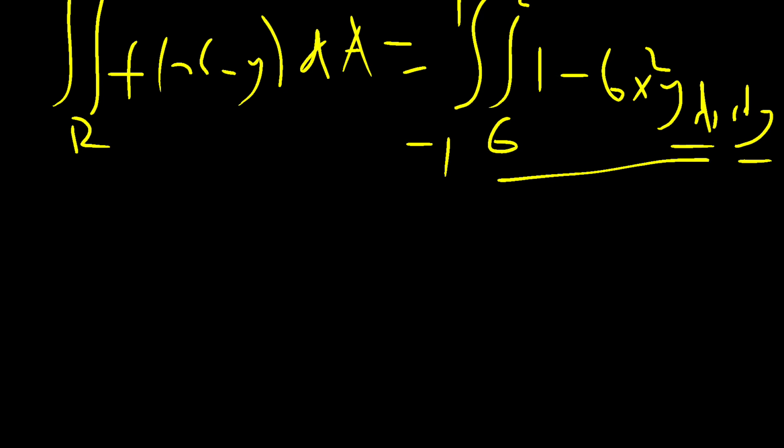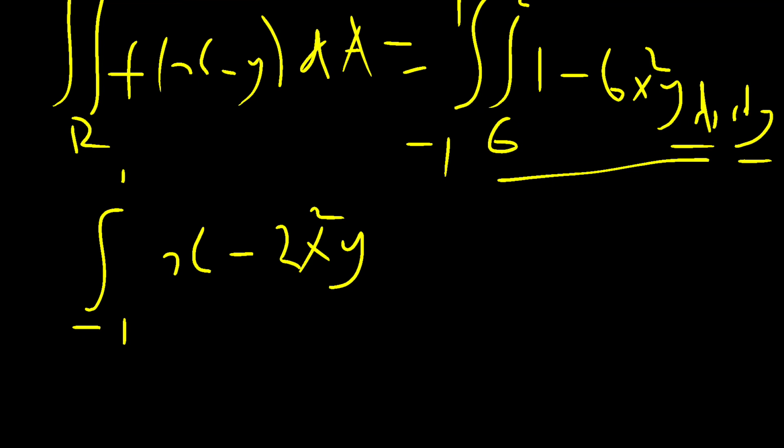If we integrate this with respect to x, we have the integral from -1 to 1 of x minus 2x cubed y, evaluated from x equals 0 to 2, dy.